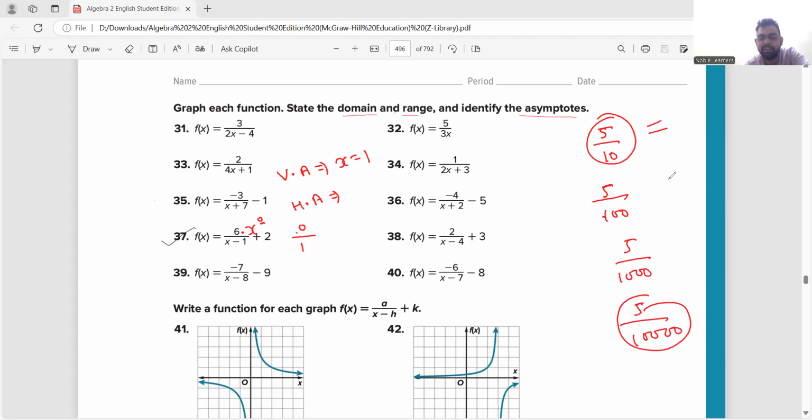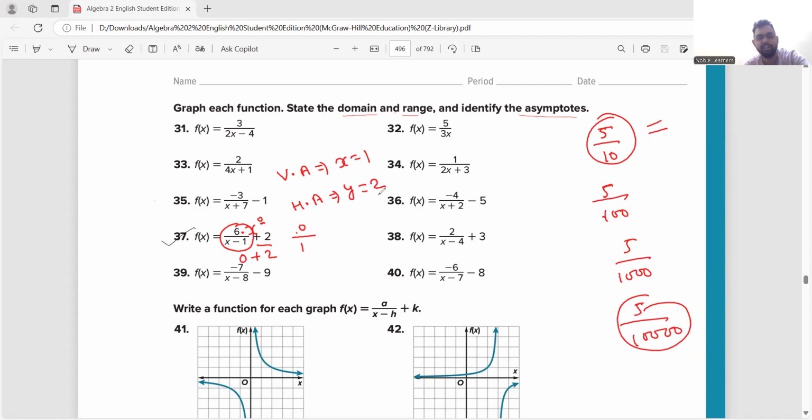It becomes smaller. And where is it going? 0. Yeah. So that's the logic: when the degree of the denominator is greater, the asymptote is y is equal to 0. So you write y is equal to 0 for this part, and there is plus 2, that means you moved 2 units up. So 0 plus 2. So your horizontal asymptote is y is equal to 2.